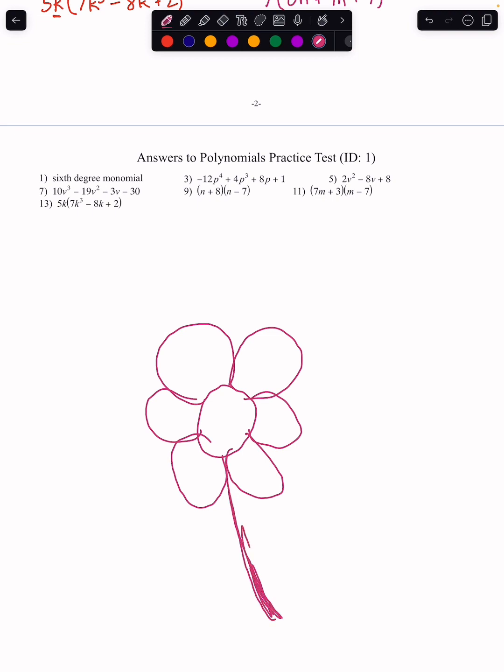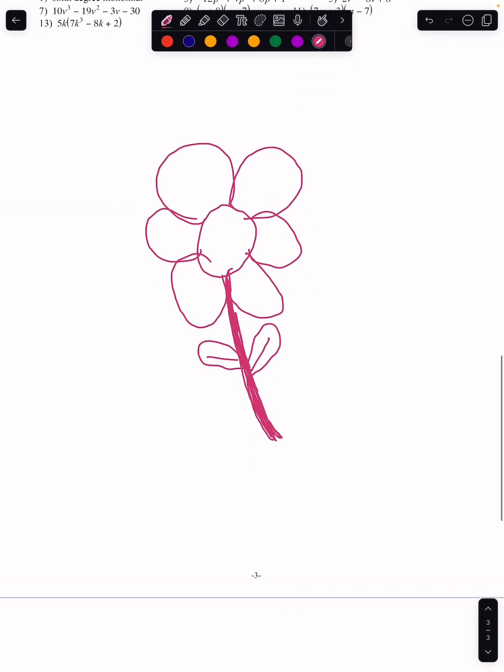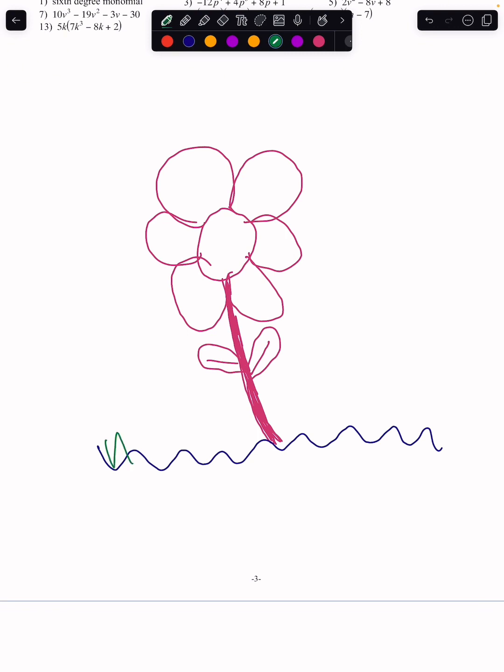Yeah, I'm an artiste, in case you didn't know. And then we got the ground. Oh, hold on. Got the ground. And then we got some grass.